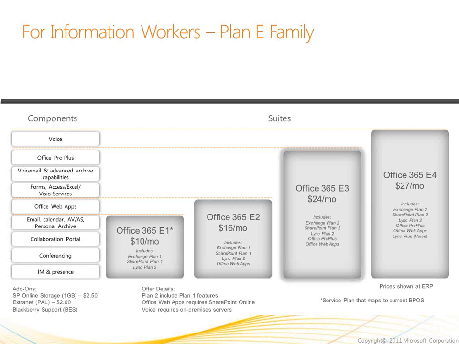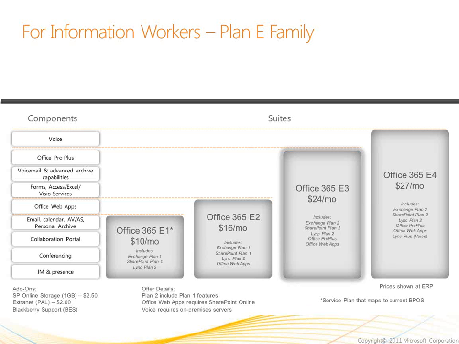All these plans are suites that have Exchange, SharePoint, and Lync. And then as we move up, the features of some of them increase. Like you'll notice on the little gray boxes, we go from Exchange Plan 1 to Exchange Plan 2 when we get to E3. That's giving us more Exchange features.